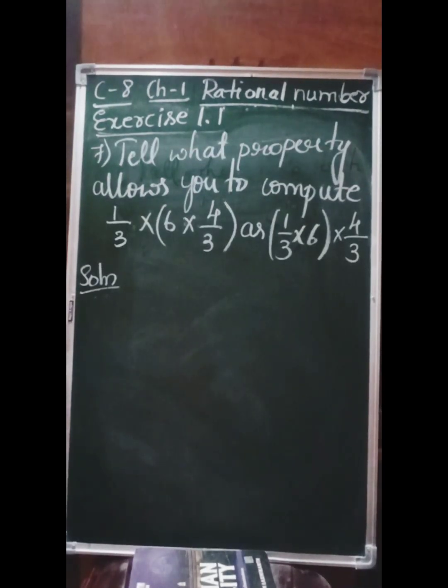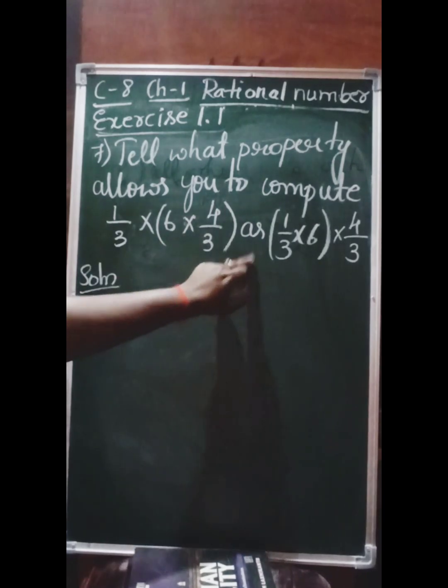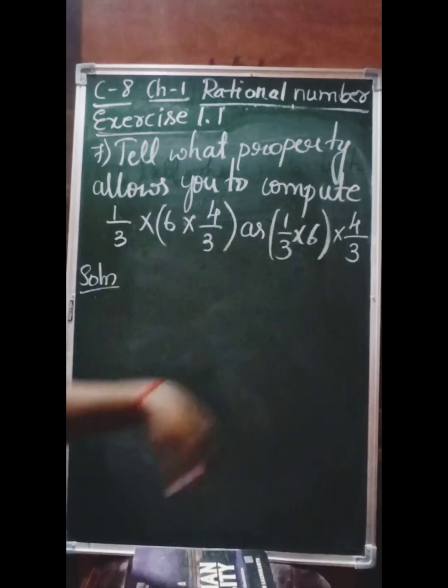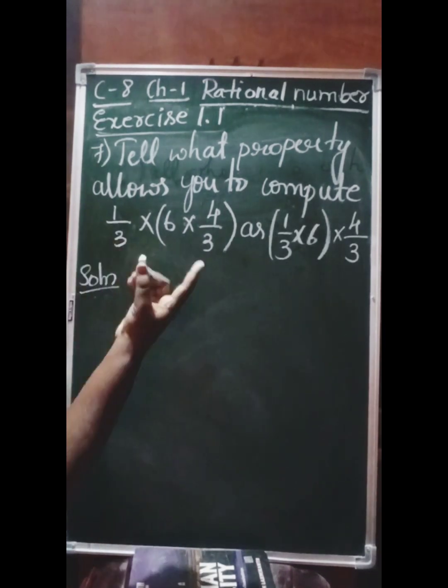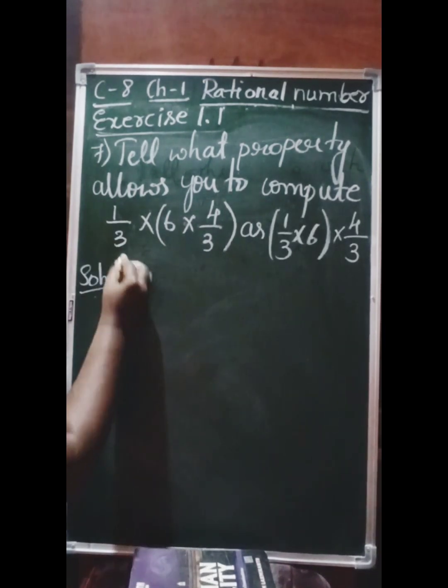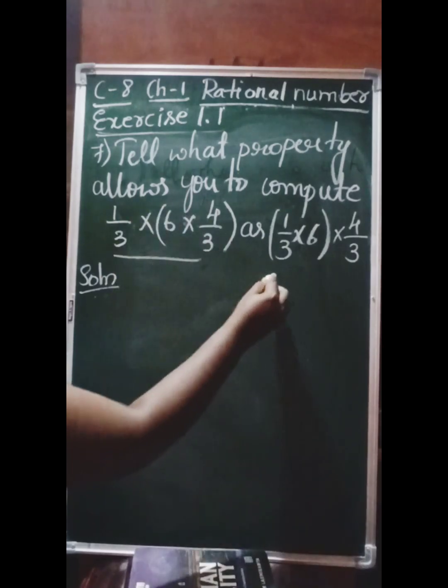So the seventh question is, tell what property allows you to compute 1 by 3 into 6 into 4 by 3 as 1 by 3 into 6 into 4 by 3. So what is the meaning of the question? See, which property allows you to write this one in the form of this one?